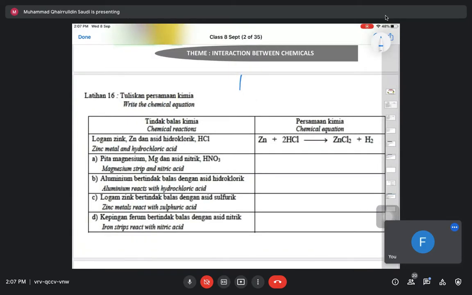Exercise 16. Write the chemical equation. This is chemical properties of acid. Which chemical properties of acid is this?